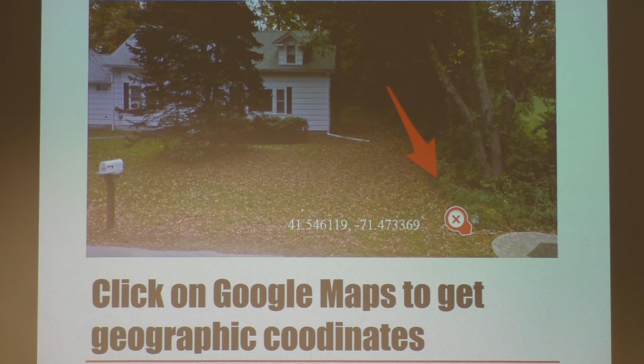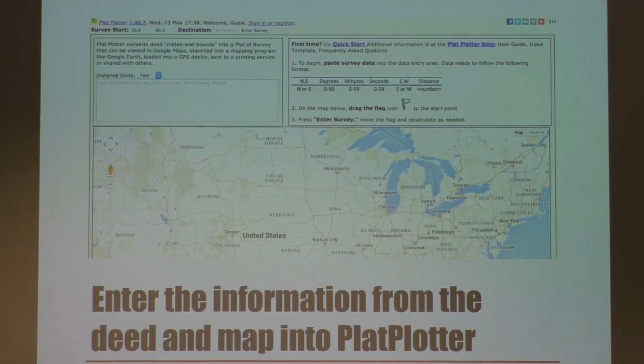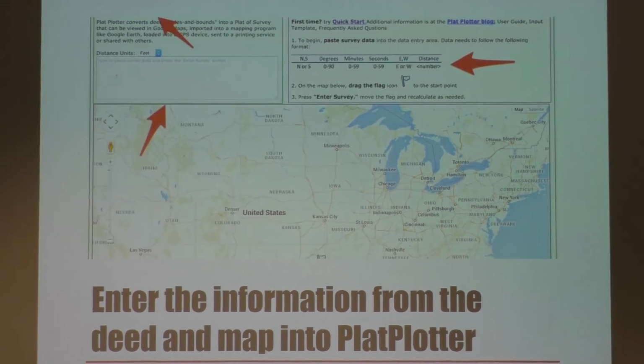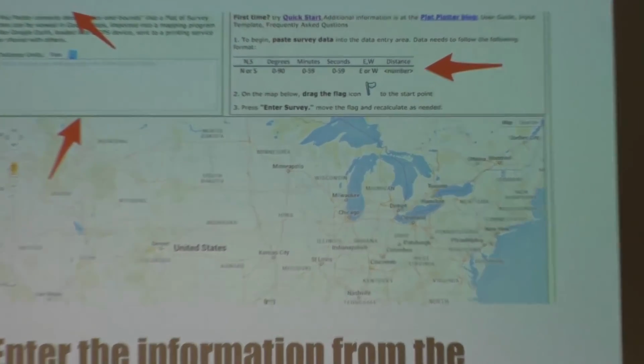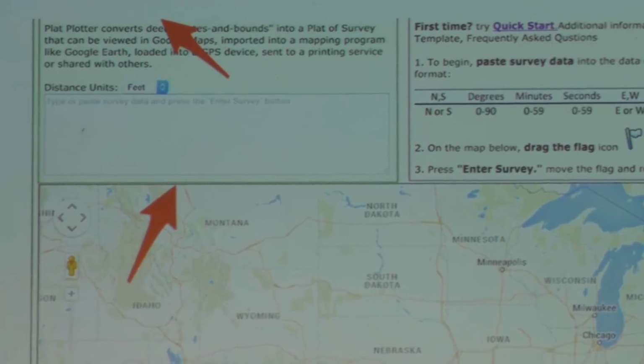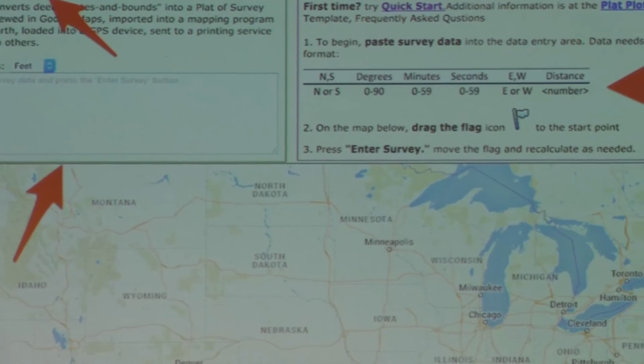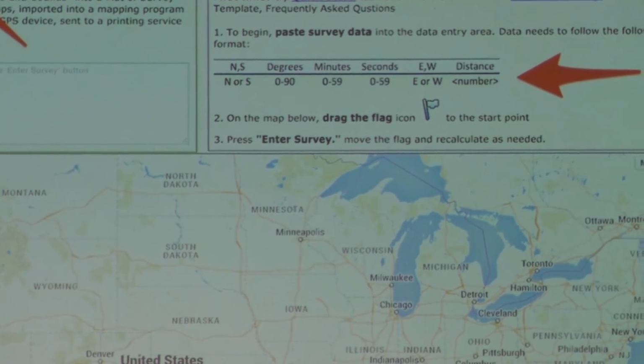Now comes the little bit of the tricky part, and that is we're going to use a program called Plat Plotter. We're going to put in the survey start, which is the decimal coordinates up at the top, and we're going to put in the legal description in sort of a modified form. We're going to put it back into the simple.